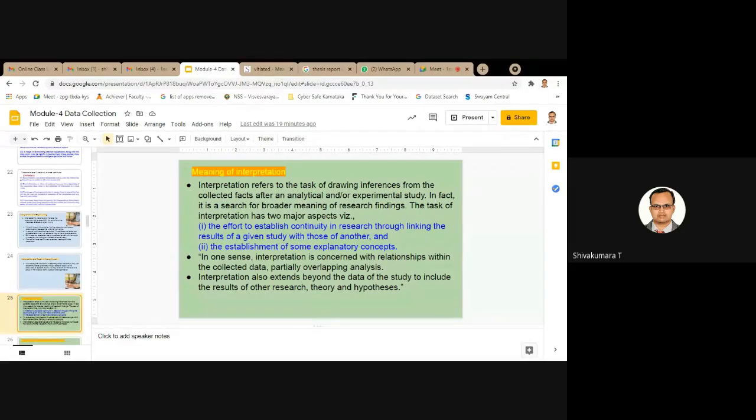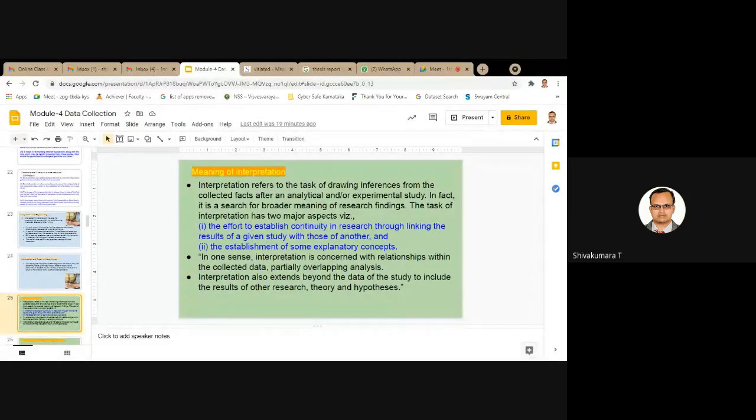The second major aspect of interpretation is the establishment of some explanatory concepts. So it is not always about drawing results from the interpretation, because every research is not a similar research.